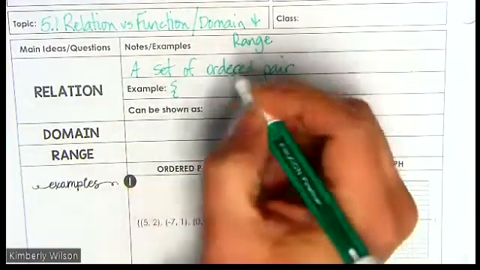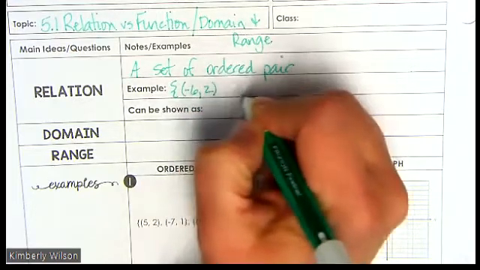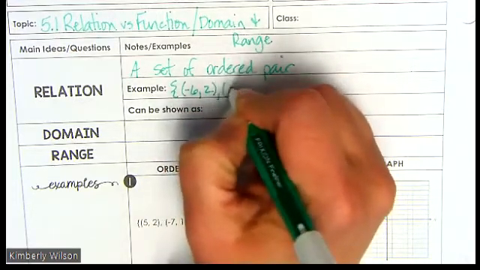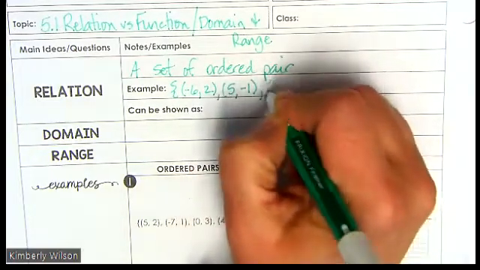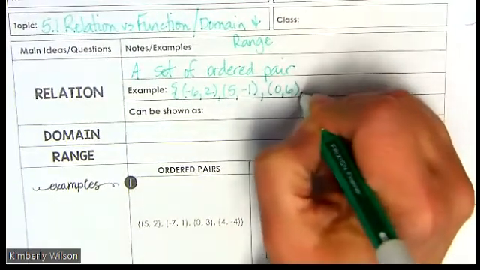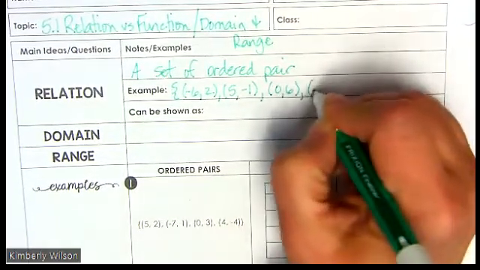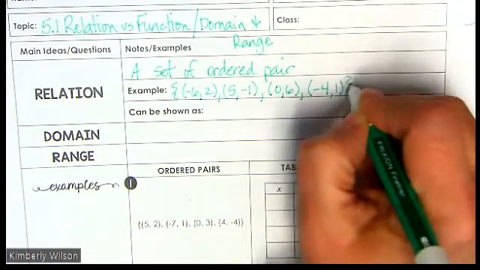The set builder notation: open parentheses, -6, 2, close parentheses, comma, open parentheses, 5, -1, close parentheses, open parentheses, 0, 6, close parentheses. And remember, you can pause as you go to make sure that you understand. And then the last point is -4, 1.